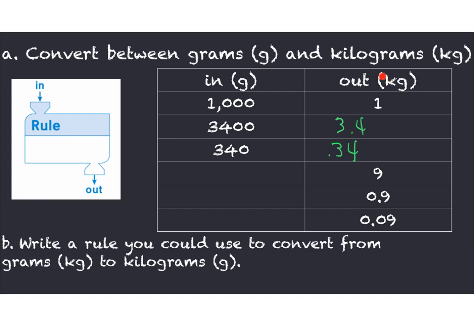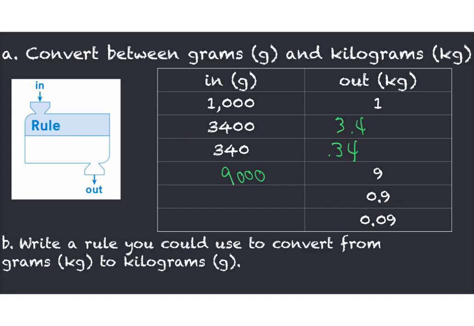When I was going from grams to kilograms, I was dividing. Now I'm going from kilograms to grams, and I'm going to multiply. So 9 times 1,000 equals 9,000. Let's multiply this. Our decimal's right here. We're going to multiply this by 1,000. That means we're going to move our decimal to the right 3 places. 1, 2, 3 places.